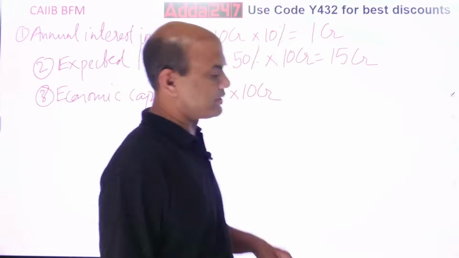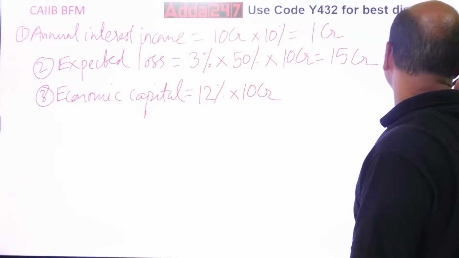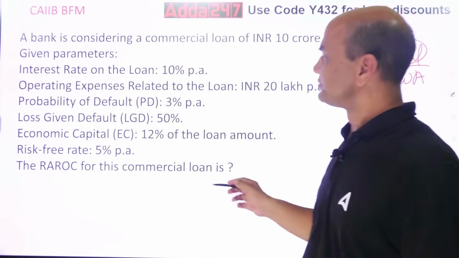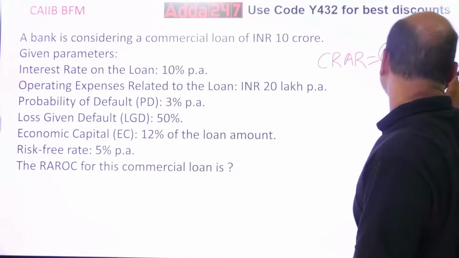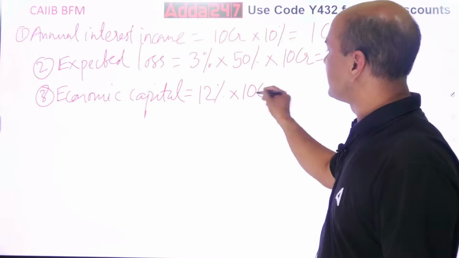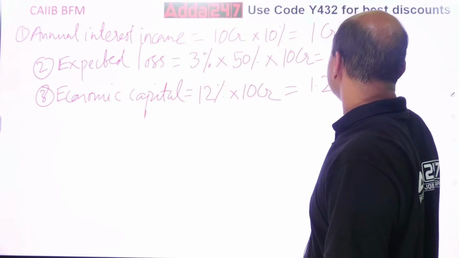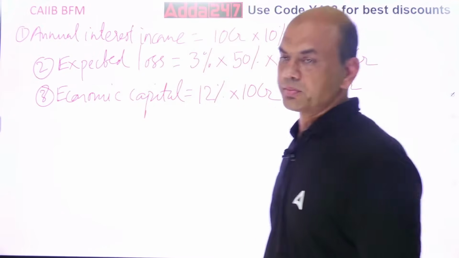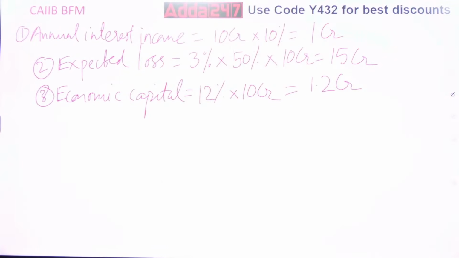Just check the figures, because when we solve such big numericals you tend to forget them. Economic capital 12%, loan amount 10 CR. So 12% gives 1.2 CR. So this is your economic capital.